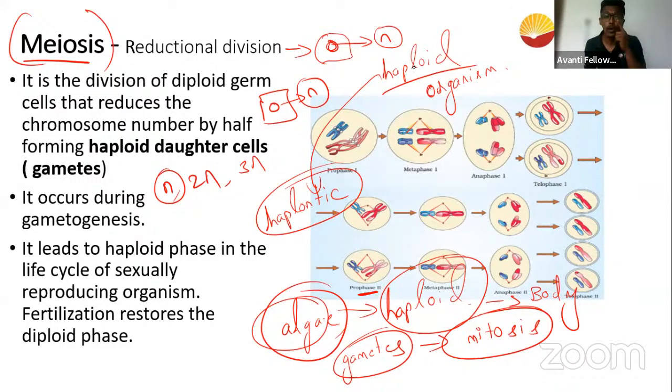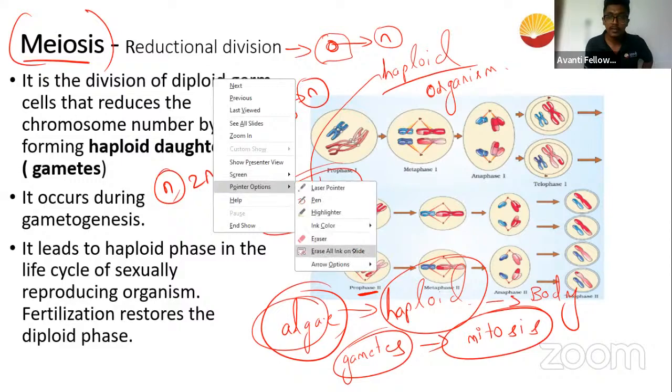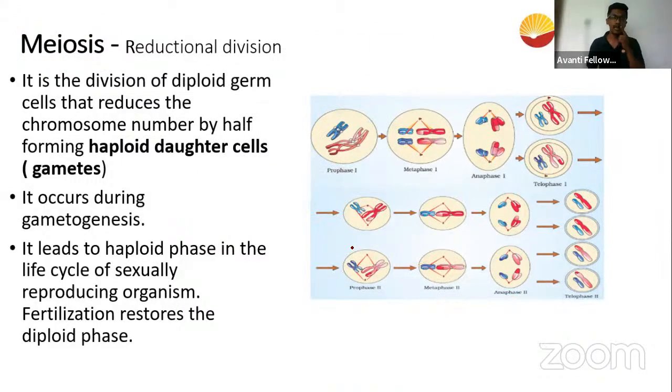That's why in all haploid organisms, during gametogenesis, they undergo mitosis. Why did I say this? Because when we discuss the significance of meiosis, we say that meiosis is a type of cell division that happens during the formation of gametes or germ cells. But that is not always the case.